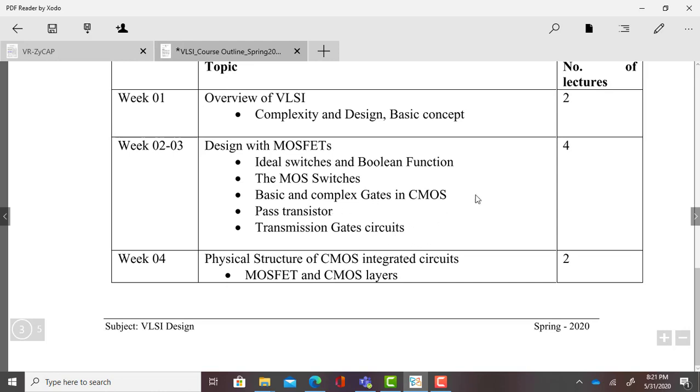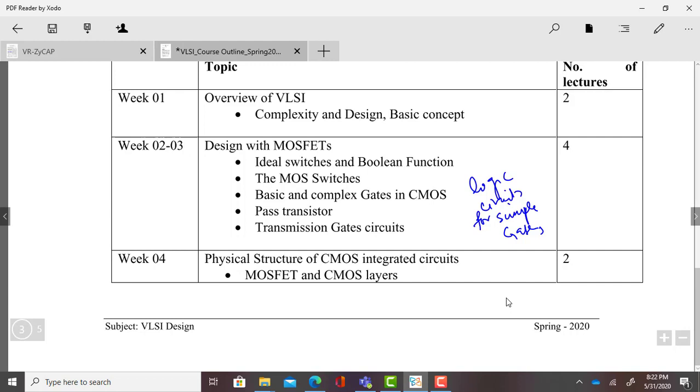Then we will move, so this is like the logic circuits, and then we move to logic circuits for simple gates. Then we move to the physical structure.